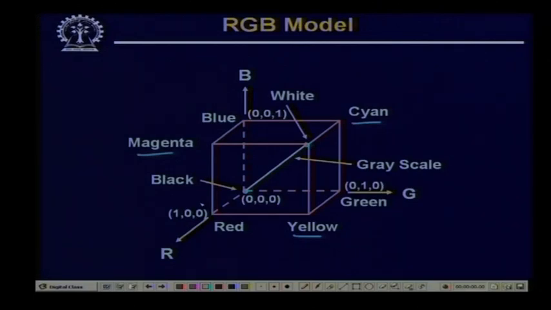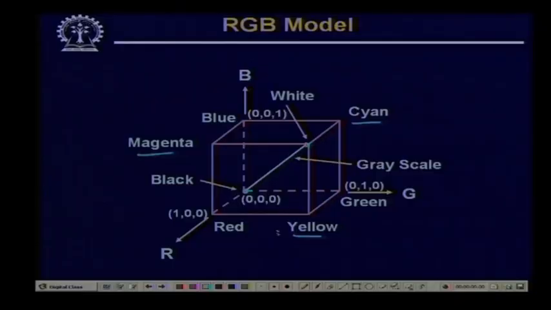Now, given any specific color having some proportions of red, green and blue, that color will be represented by a single point in this unit cube in a normalized form. Or we can also say that that color will be represented by a vector, where the vector is drawn from the origin to the point representing that particular color having a specific proportion of red, green and blue.